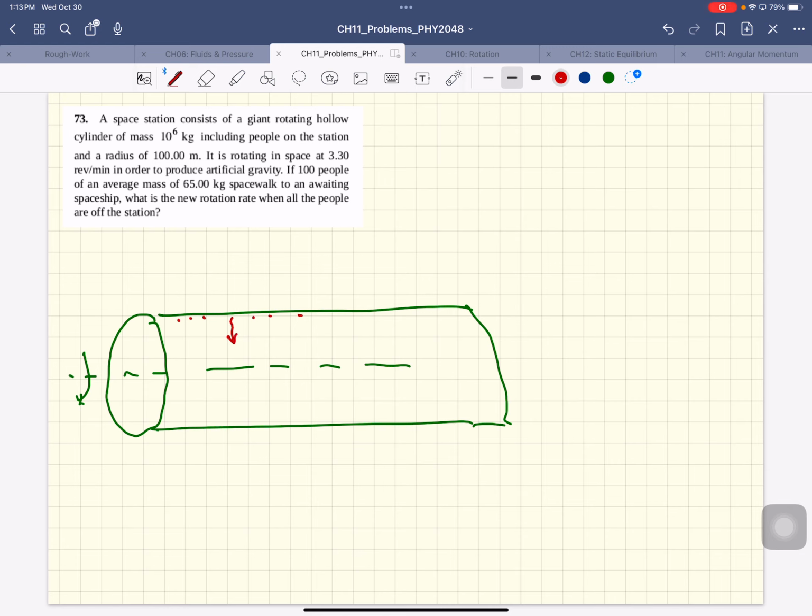When you're standing on the ground, the force on you is downward, and that's the direction in which plants grow. So you would be planting stuff here. Plants would grow this way. There are the roots of the plants. And how big is this cylinder? It has a radius of 100 meters. This is 100 meters.